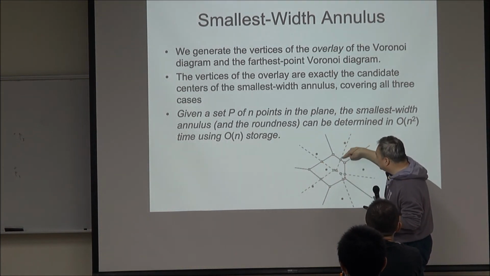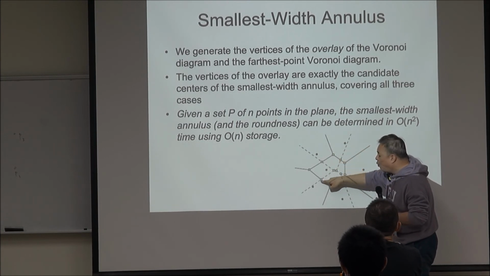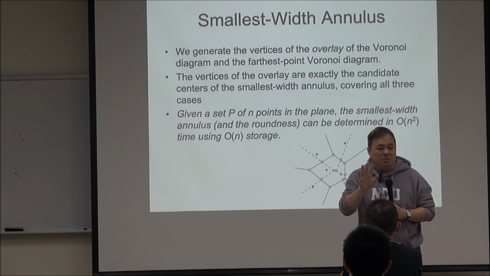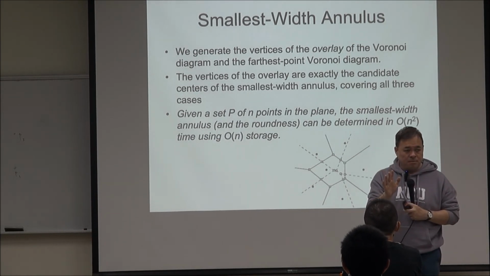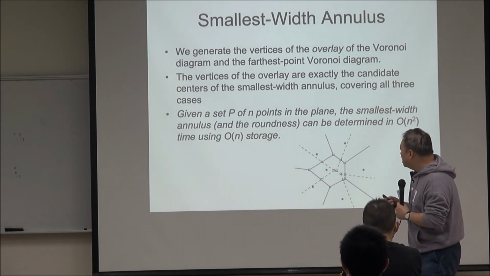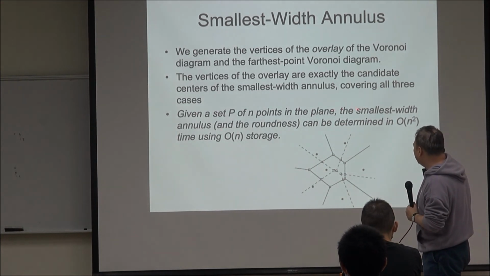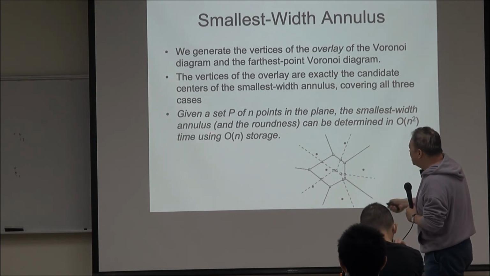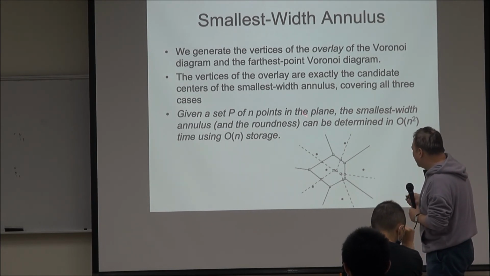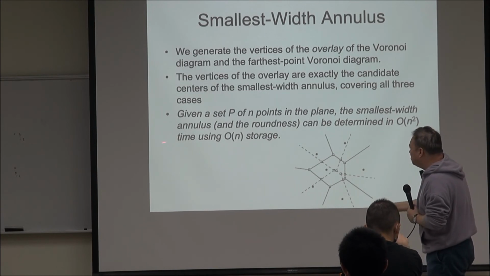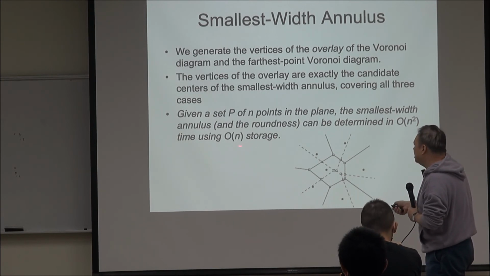And those intersections are candidates for the third case. Okay? And because of that, given a set P of n points in the plane, the smallest width annulus, and the roundness can be determined in big O n squared time using big O n, linear storage.